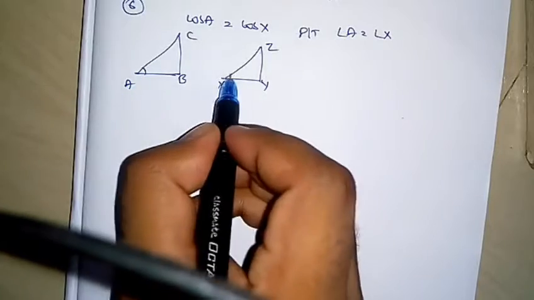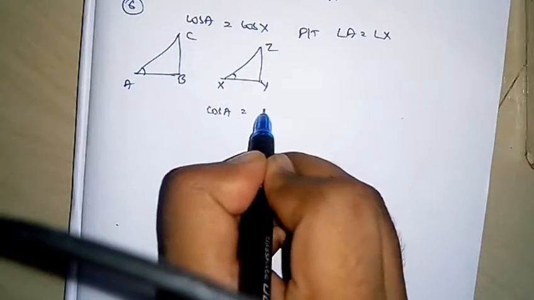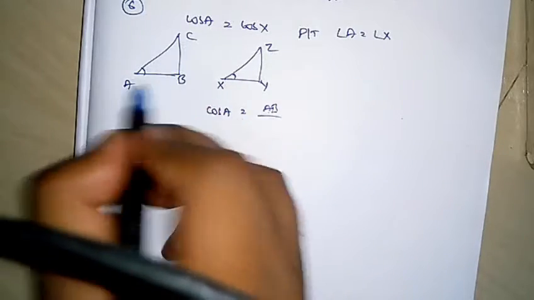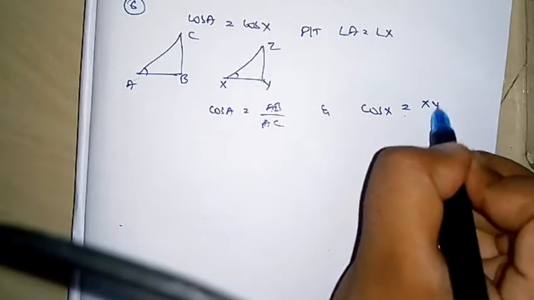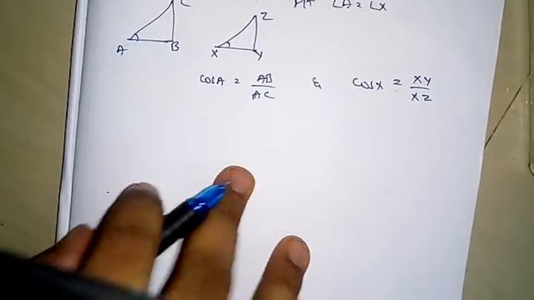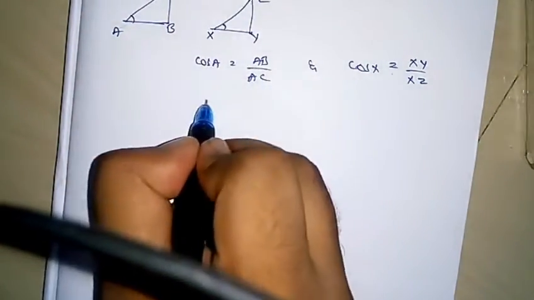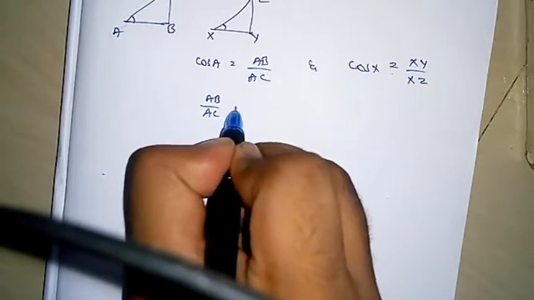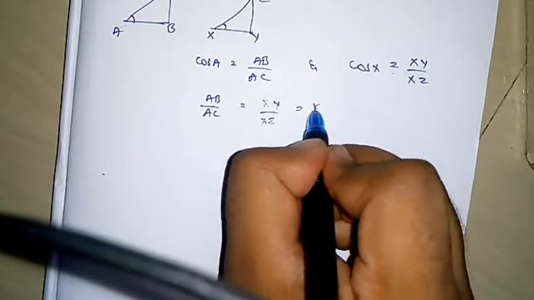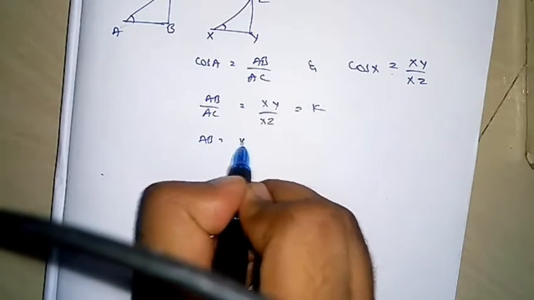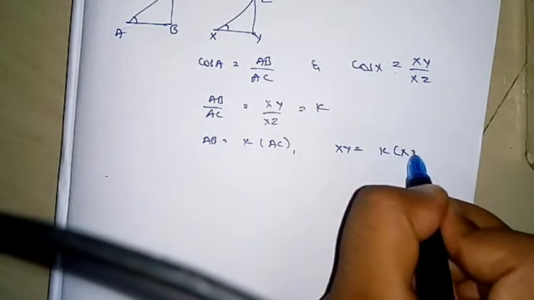We are given cos A will be equal to adjacent side AB by hypotenuse AC, and cos X will be equal to adjacent side XY by XZ. Now this AB by AC is equal to XY by XZ. Let's assume this ratio will be K. So AB is equal to K times AC and XY is equal to K times XZ.